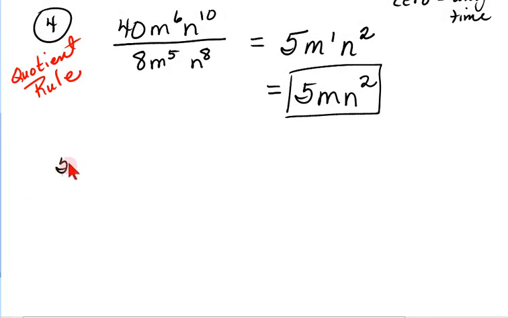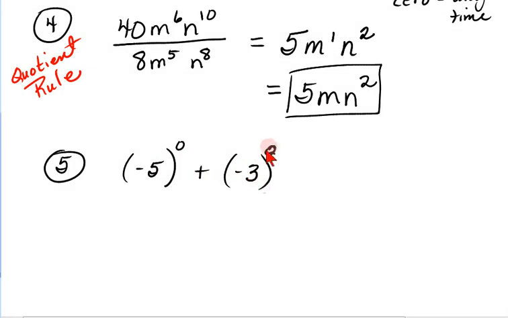Number 5. I need to simplify the base -5 in parentheses raised to the 0 power plus -3 in parentheses raised to the 0 power. Okay. Any base except 0 to the 0 power is 1. So that one's equal to 1.